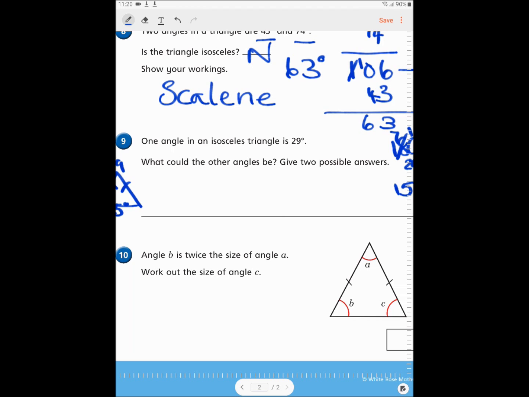Okay, so I know, because this side and this side are the same, that actually B and C are the same.